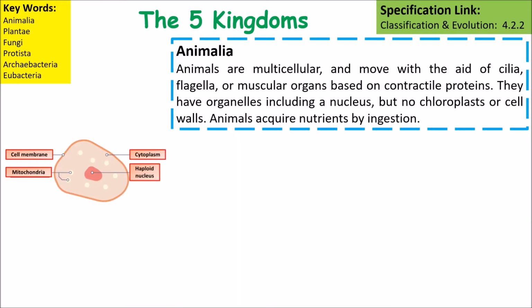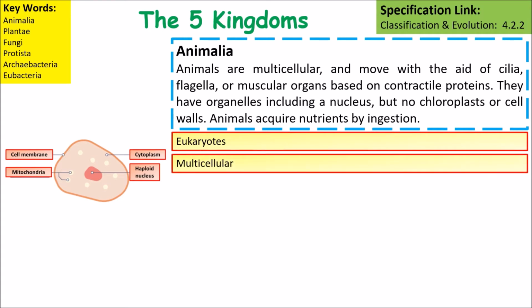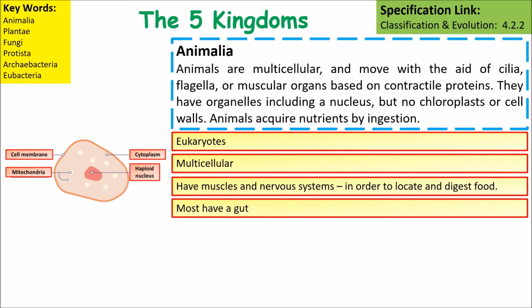Animalia are the cells that make up us. They're eukaryotic, so they have a nucleus. They're multicellular. They've got muscles and a nervous system which enable them to locate and digest food. Most Animalia have a gut.